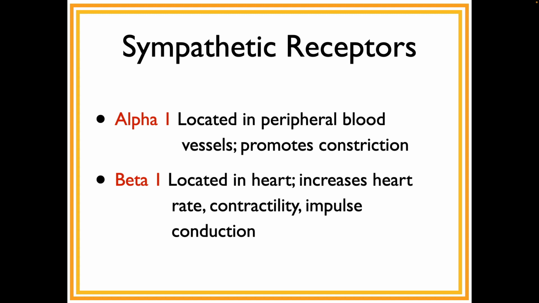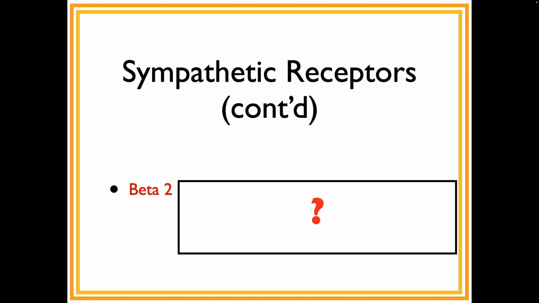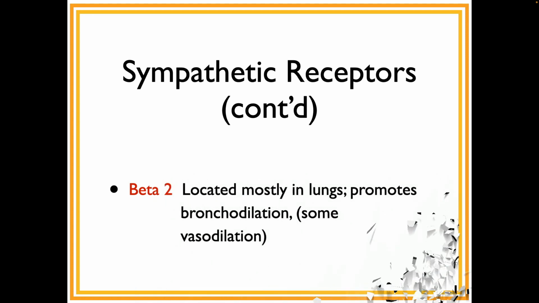And then the only other sympathetic receptors we're going to talk about are beta-2, which are primarily located in the lungs. Beta-1, one heart, beta-2, two lungs. Okay, that's a good way to remember. Now, they do other things, but for the purpose of the cardiovascular system, beta-2 are located mostly in the lungs and promote bronchodilation.